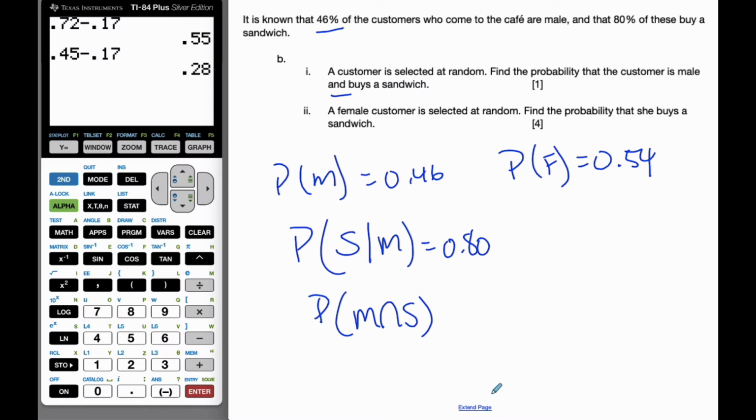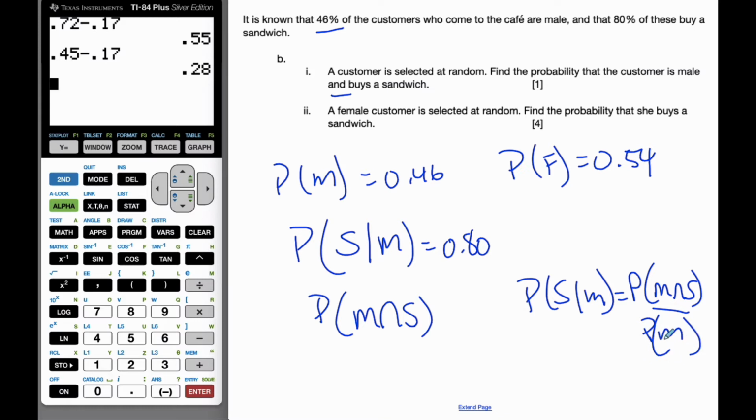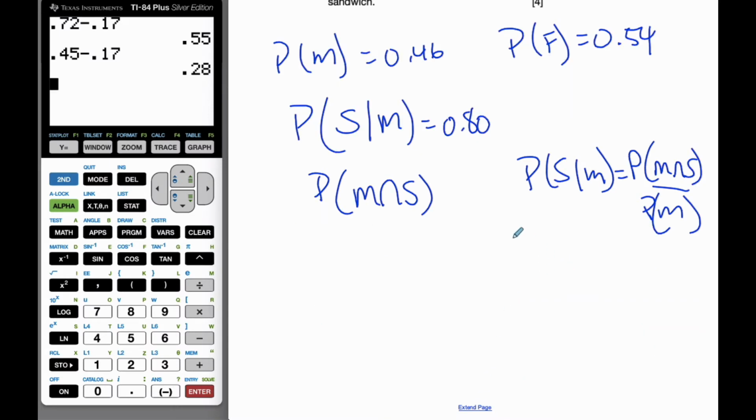Well, I know from my formulas the probability of sandwich given male is equal to the probability of male and sandwich over the probability of male. I always remember that this kind of looks like a fraction even though it's not, and so the M is on the bottom of the fraction, just a little memory tip. So I'm looking for this top value.